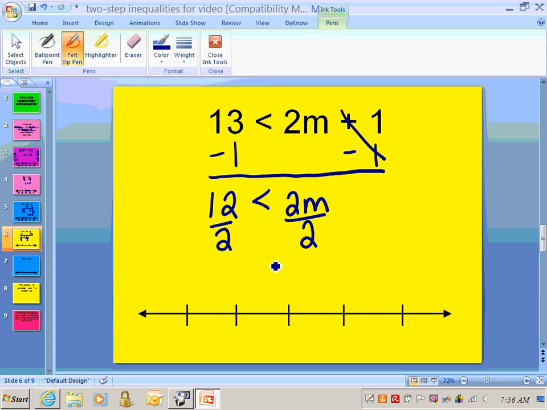If I divide by a positive number, my sign stays the same. So 6 and m. So I have my 6, lesser numbers go to the left. I do not have an equal sign, so I'm going to leave it open. And a number that would fit for m, 7 is bigger than 6. So 7 can go over here for m, so that's why I'm going to shade towards the 7.